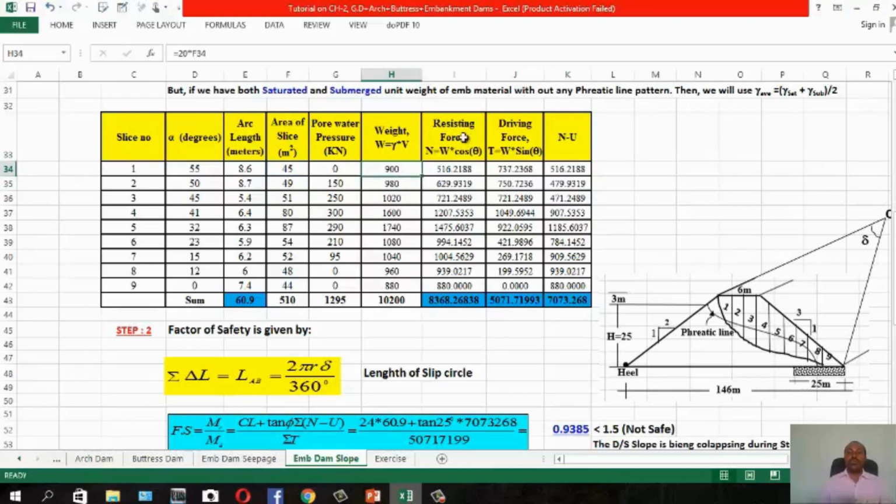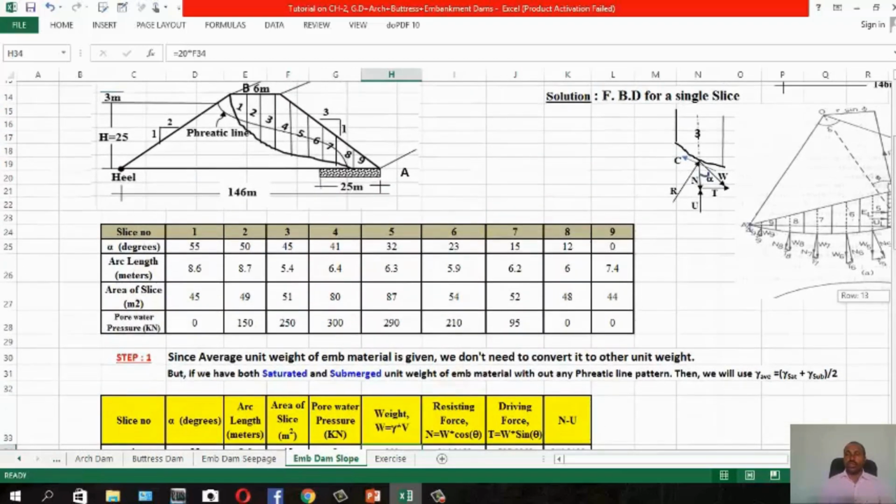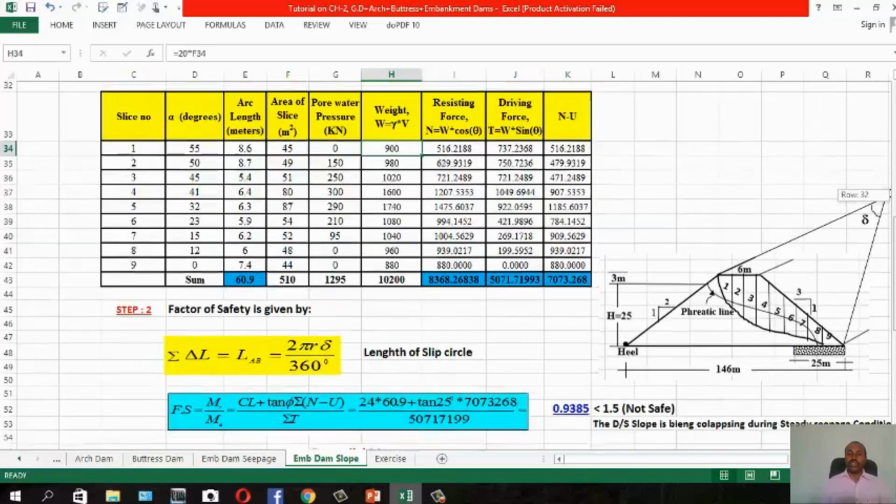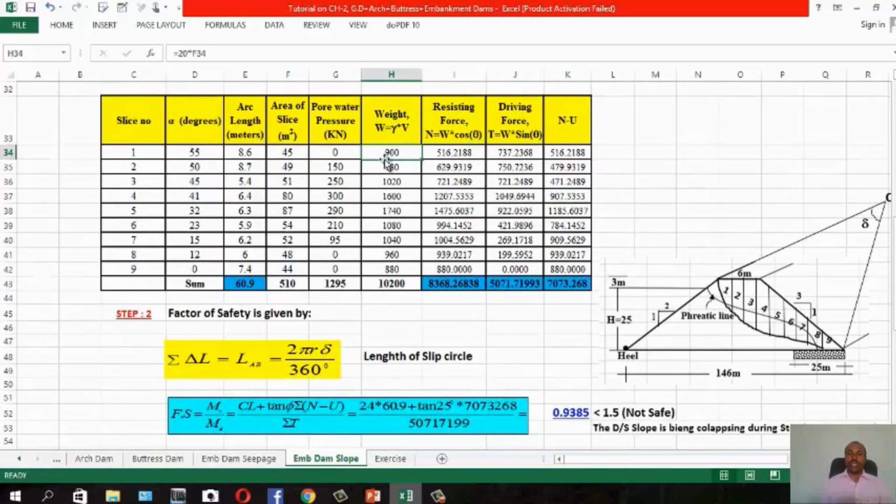Then resisting force, which is N. N means W cos theta, as shown in the free body diagram. For each slice, you have this one. N is just normal, which is the resistance against sliding. So you have W cos theta. Theta is given here. You simply multiply, so you get this result. Then you can drag like this.